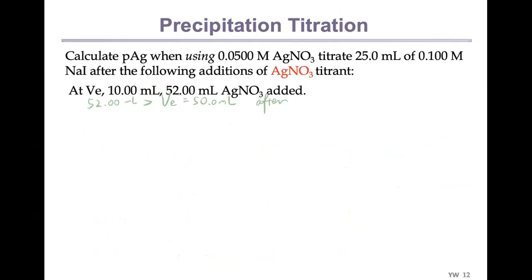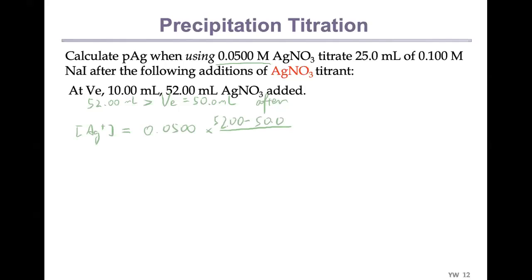So we directly calculate the excess amount of silver ion, which will be the concentration of silver, which is 0.05. And then the top is the volume in excess, right? You only need 50, but you added 52. So the volume in excess is 2 milliliter.